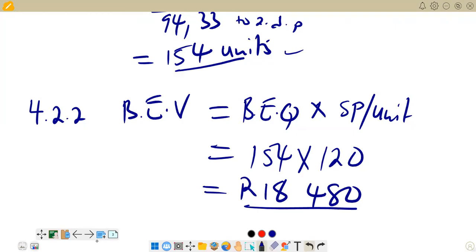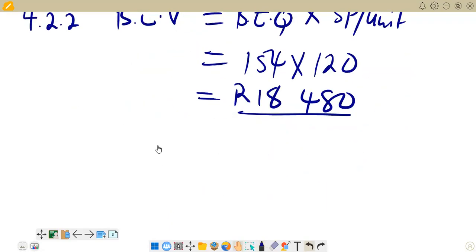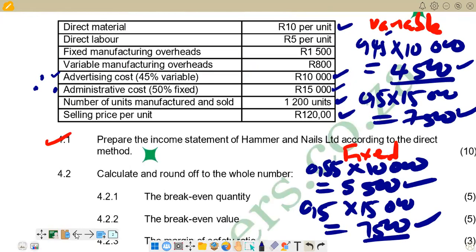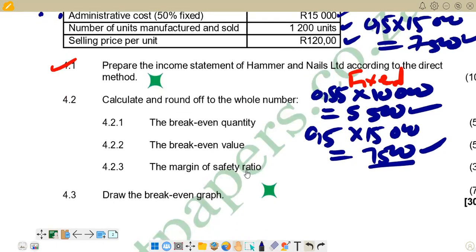We can as well go and check for the next question after 4.2.2. If you go back there, you see that the next question is saying margin of safety ratio. So this one, we are supposed to present it as a percentage.